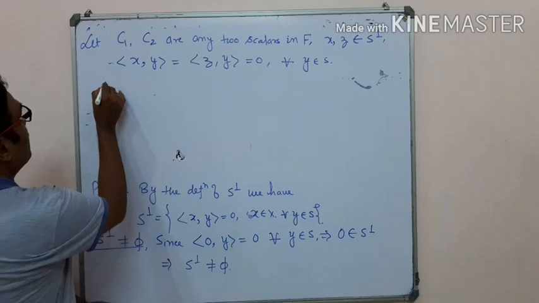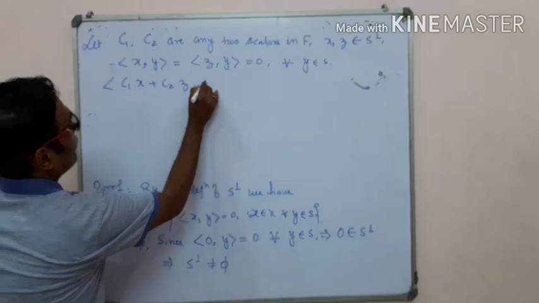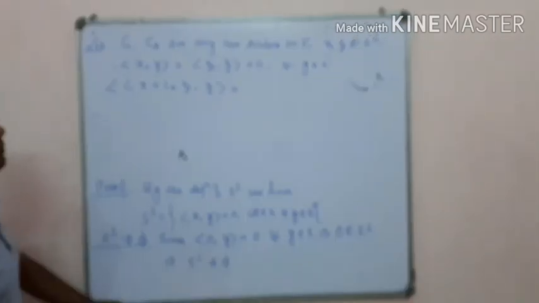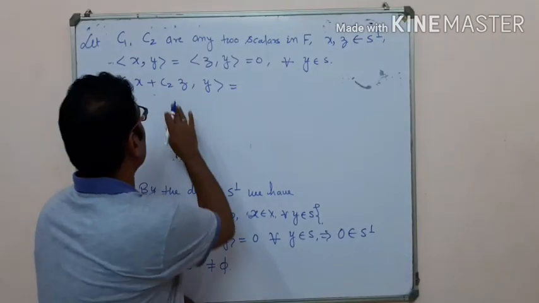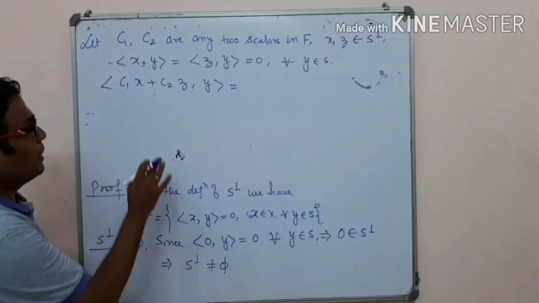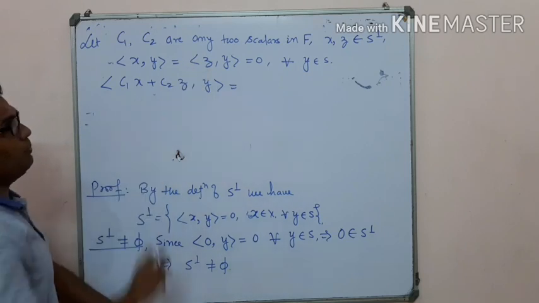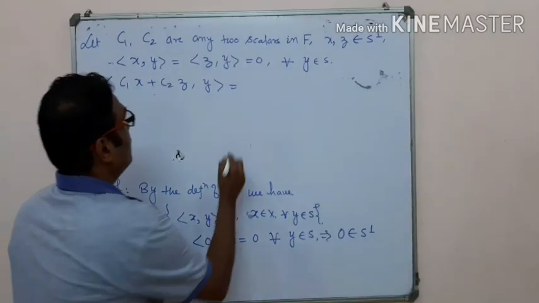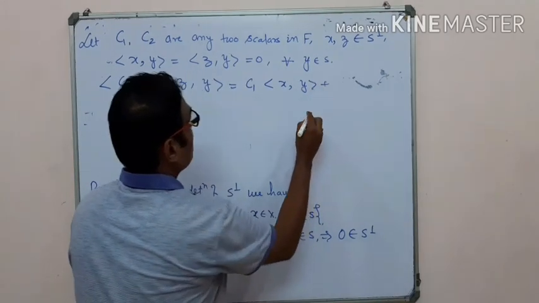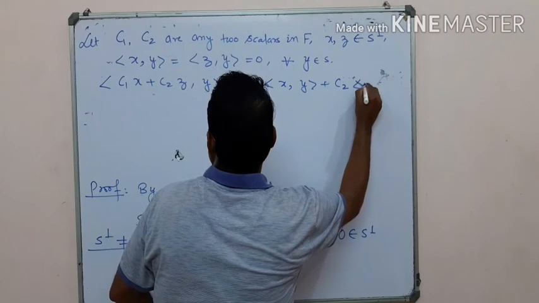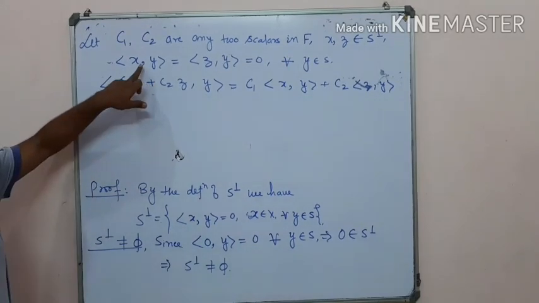Now we consider the inner product of C1x plus C2z comma Y. We take this inner product and prove that it is 0. If we prove that this inner product is 0, it implies that this expression belongs to the orthogonal complement. So by linearity, this is C1 times the inner product of X comma Y plus C2 times the inner product of Z comma Y. We have already been given that these are 0.